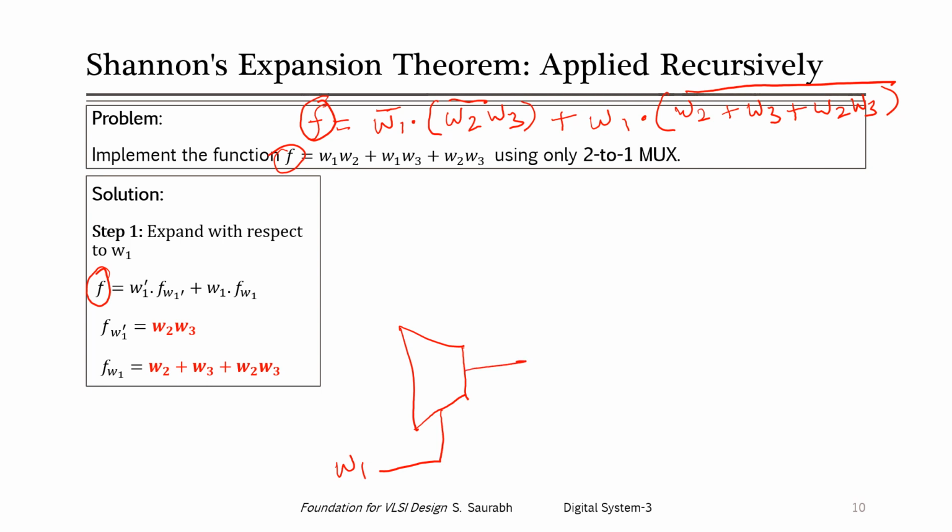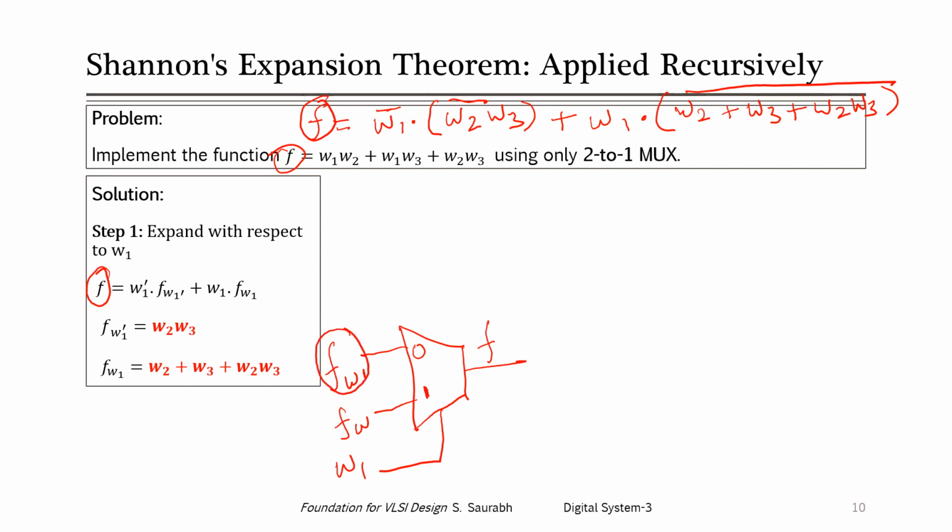On the 0 input line we have f w1 dash, that is the negative cofactor, and on the 1 input we have f w1, the positive cofactor. So we have implemented the logic function f using a 2-to-1 multiplexer, right?